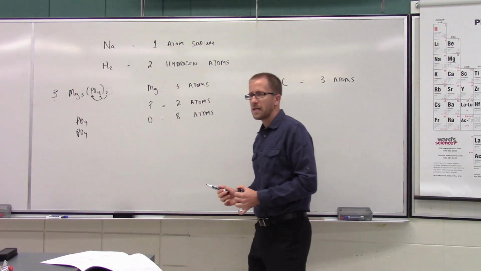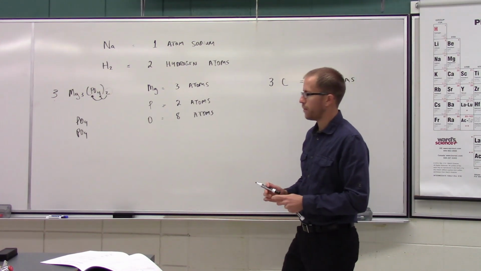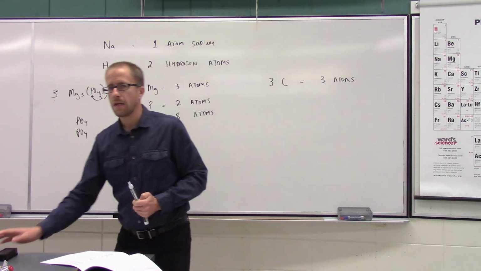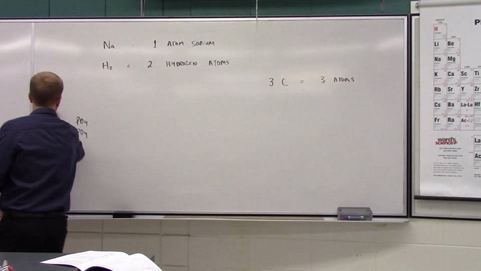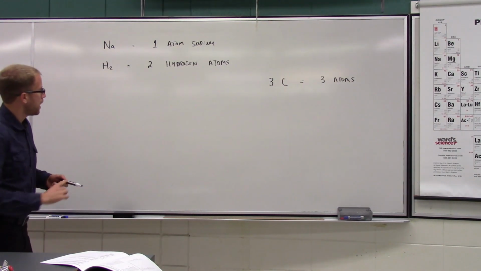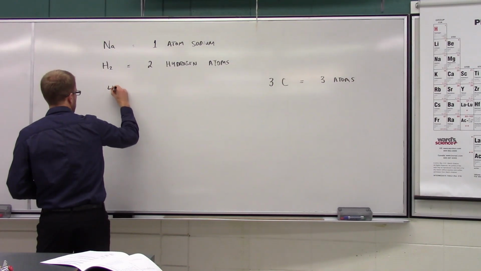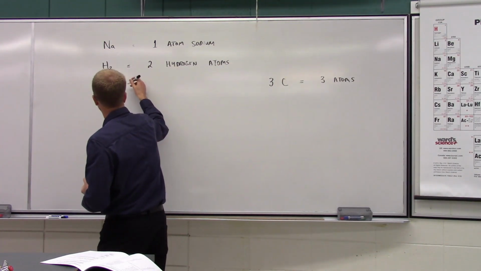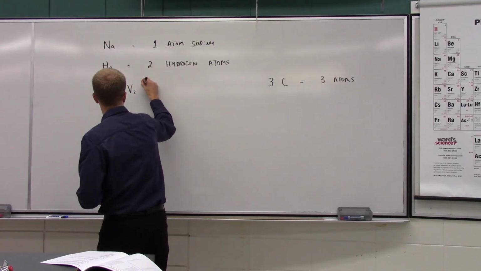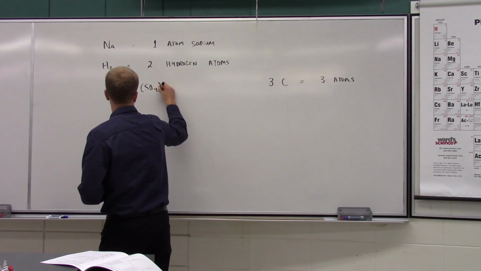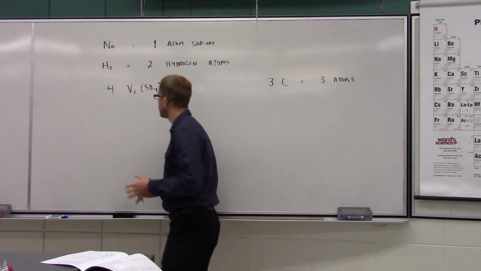Now let's do a slightly more complex example. Let's say you had 4, and let's just rip off the example I used previously. V2(SO4)5.